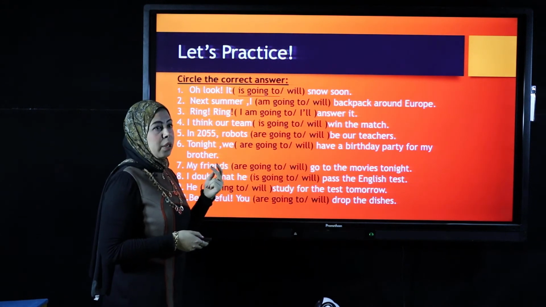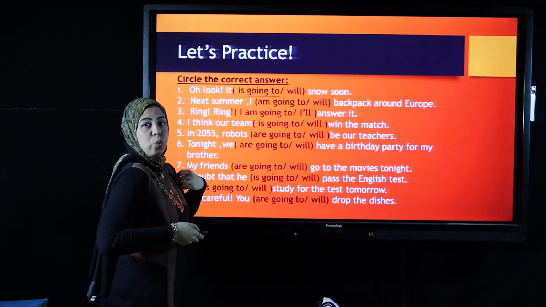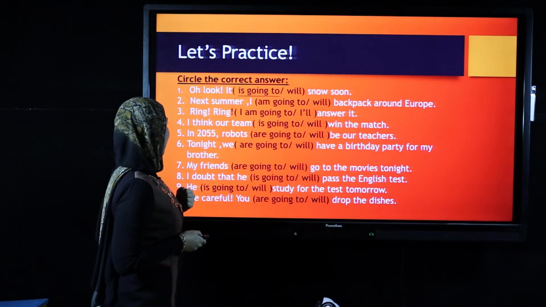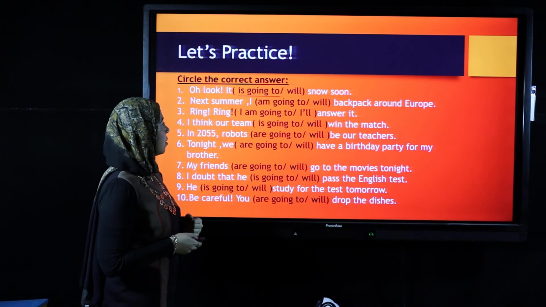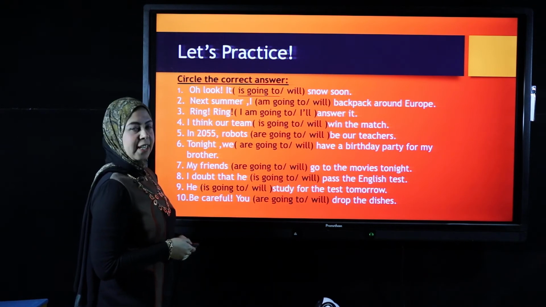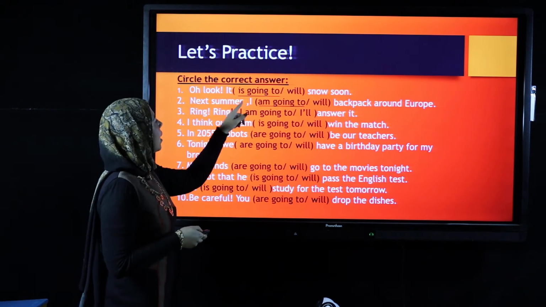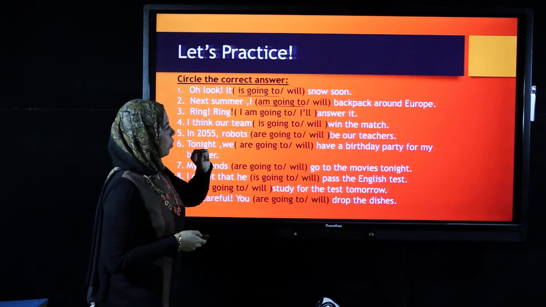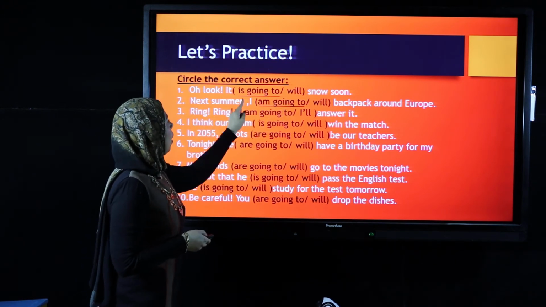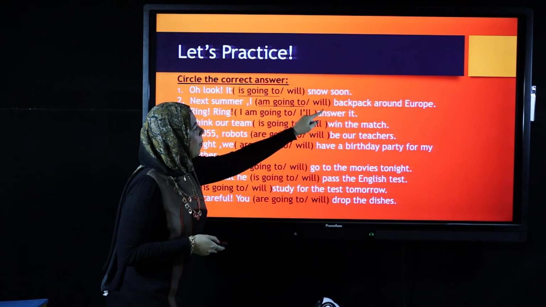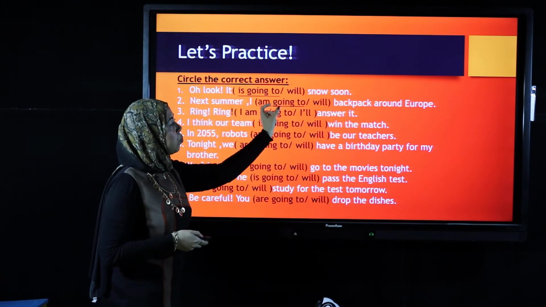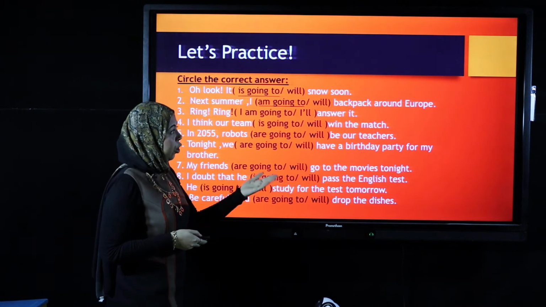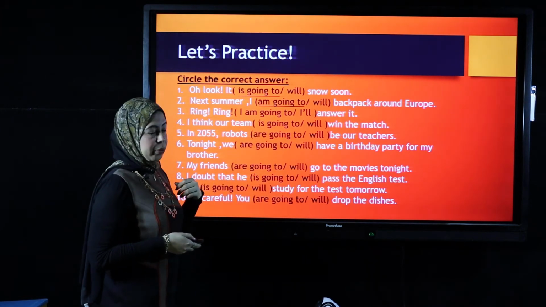And the other one means the bag that we put on our back. So who can tell me what is the correct answer? Yes, correct. So it's "am going to." Next summer, I am going to backpack around Europe. We are using "am going to" because I have the plan to travel around Europe.